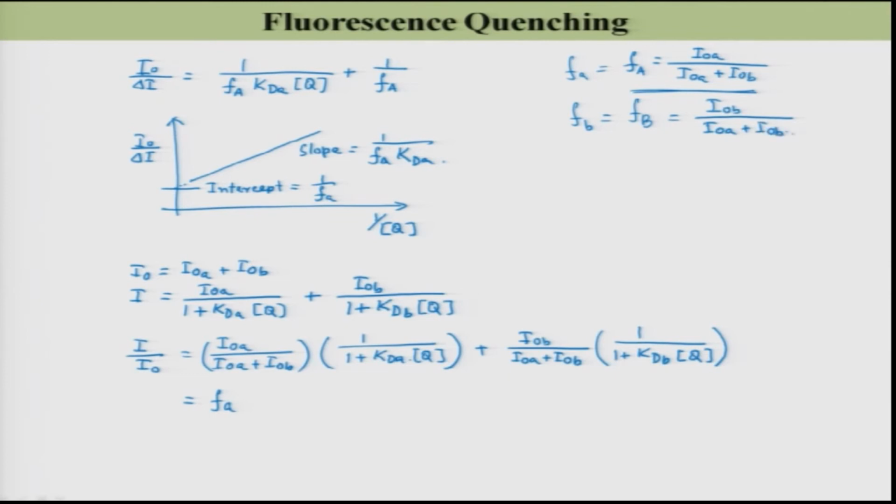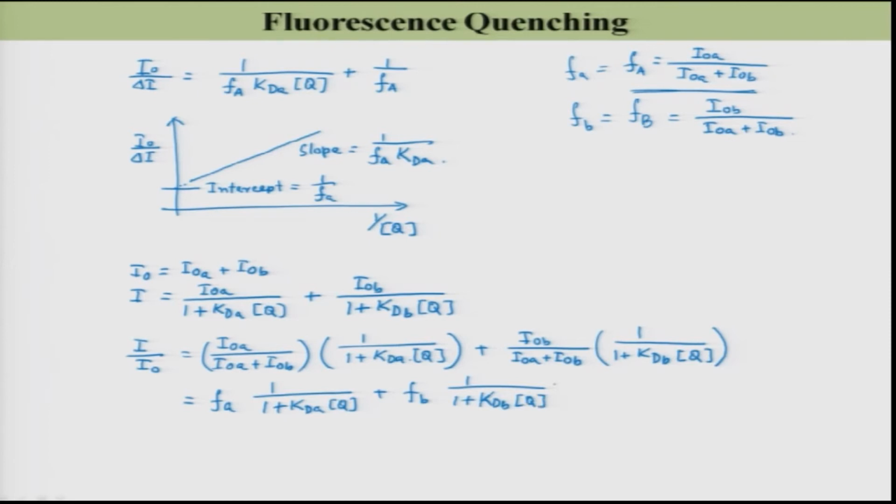So, this is FA into 1 by 1 plus KdA into Q plus FB into 1 by 1 plus KdB into Q.